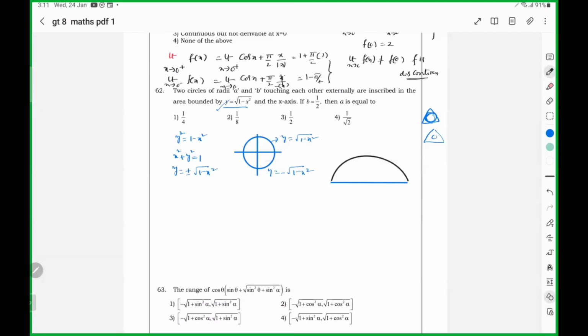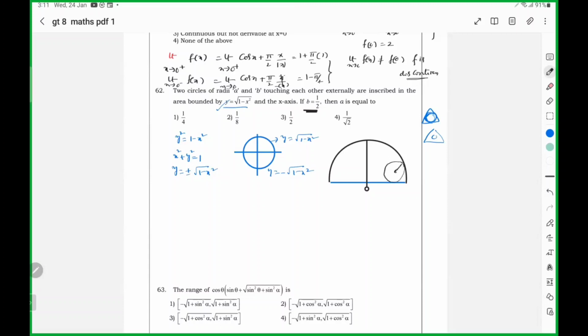Let me take it a little wider. So this is the center, and he has given it is a 1 unit circle, and he has given b as half, the radius of one of the circles. B as half means that circle can't be here.